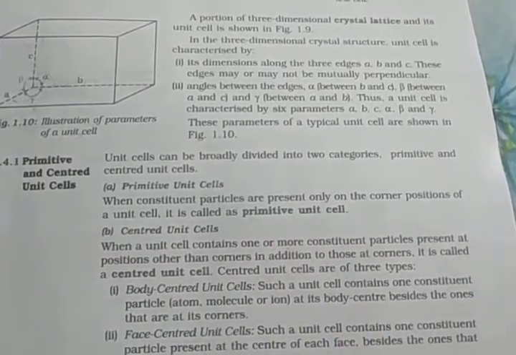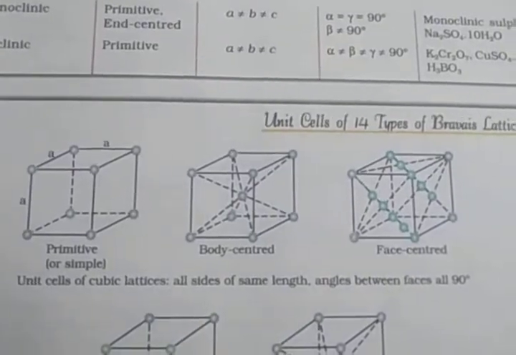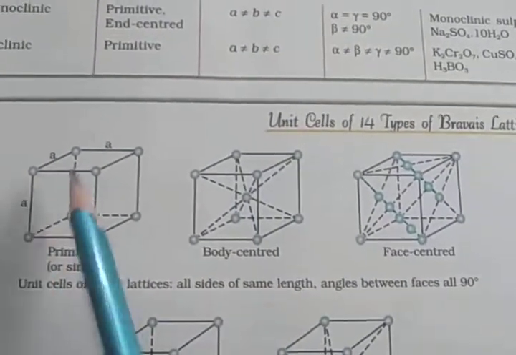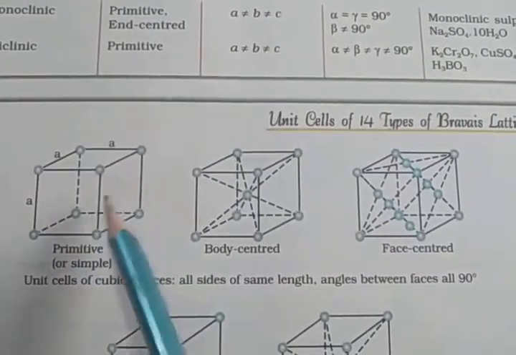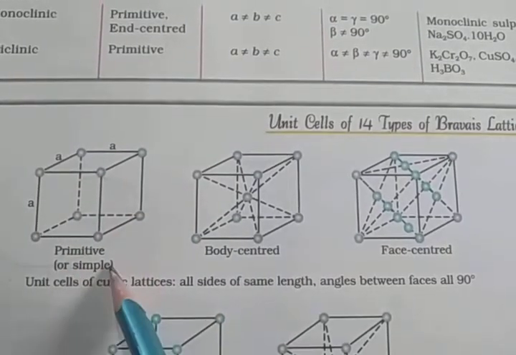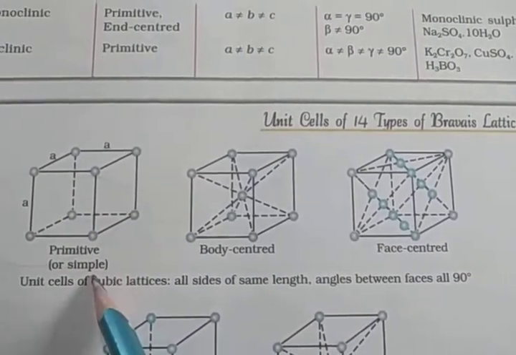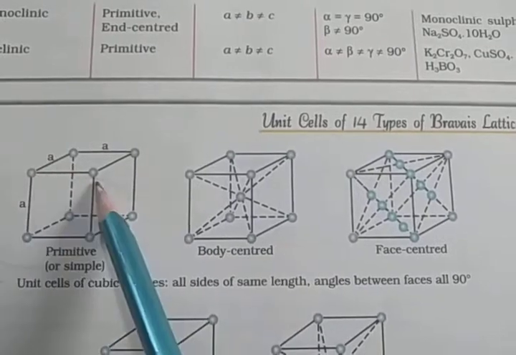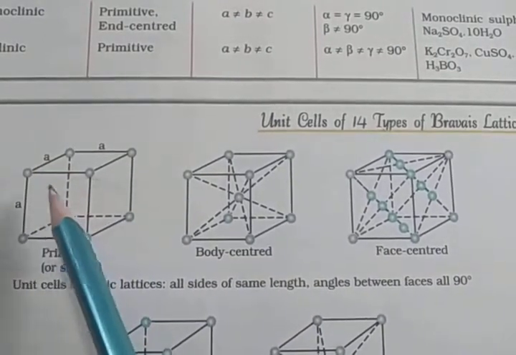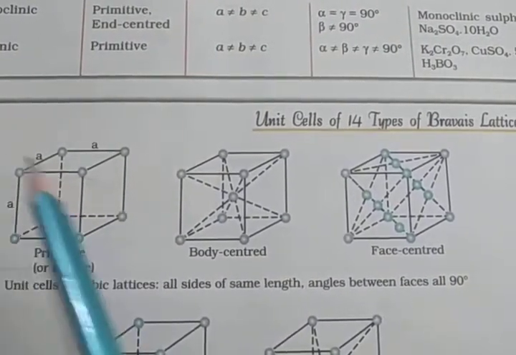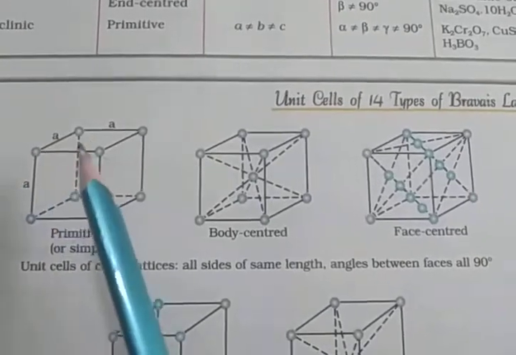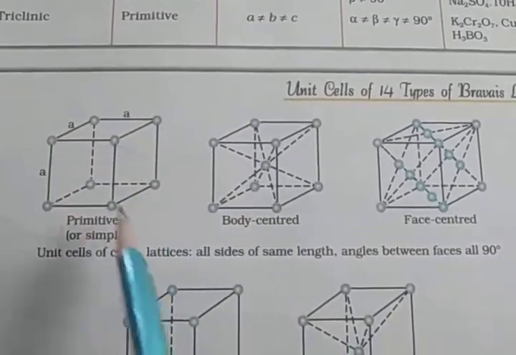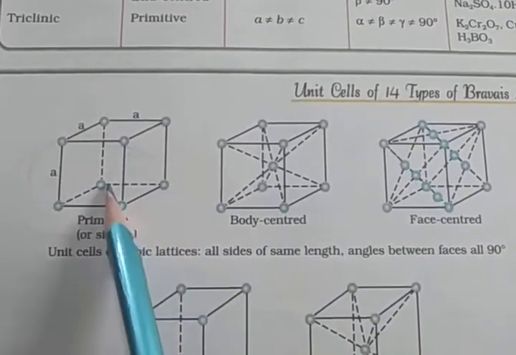See diagram. Primitive unit cell, also known as simple unit cell. See, lattice points, otherwise we say constituent particles, are present on the corners of the cell.